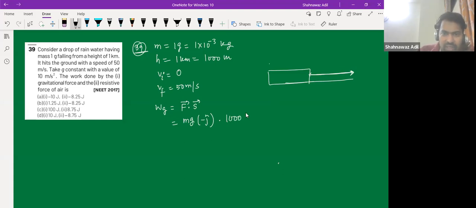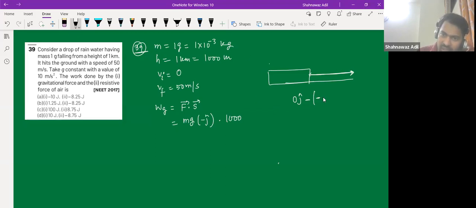So the displacement would be how much? Displacement is final position minus initial position. So final position is 0 j, and initial position is how much?